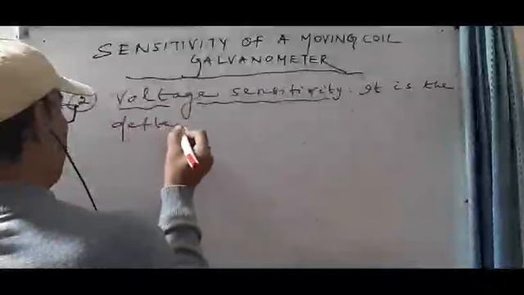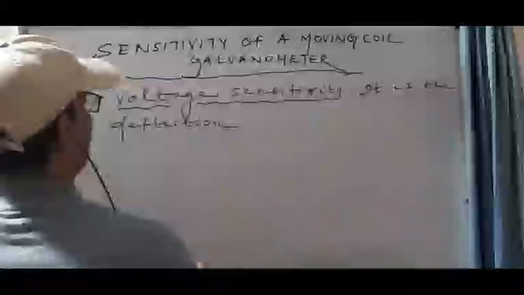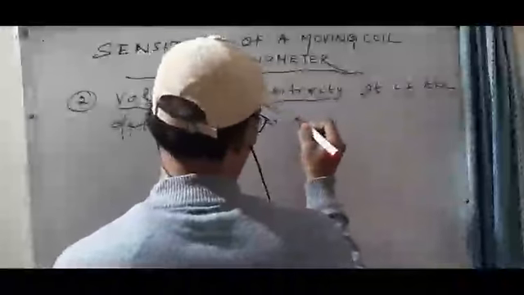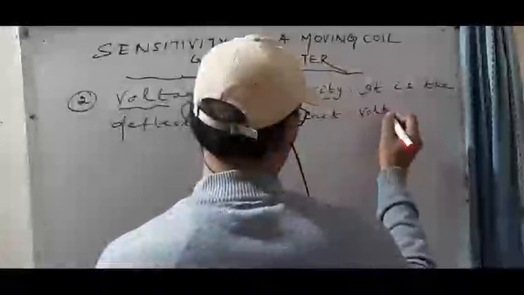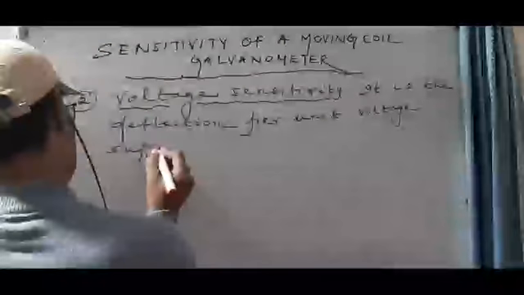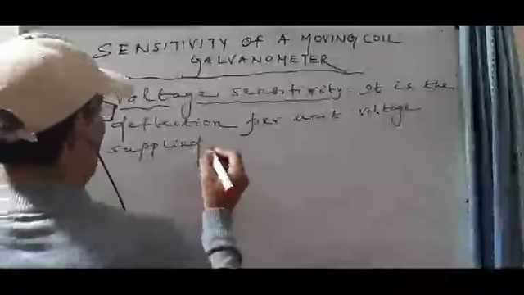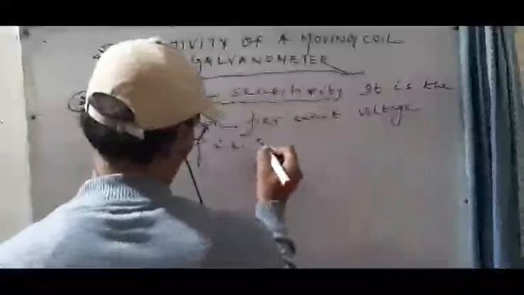It is the deflection per unit voltage supplied, that is voltage sensitivity SV is equal to phi upon V.